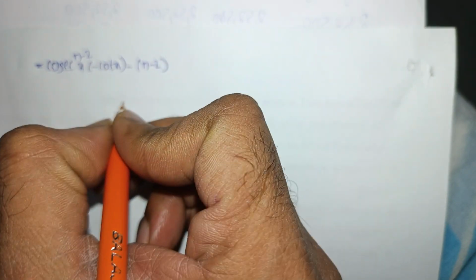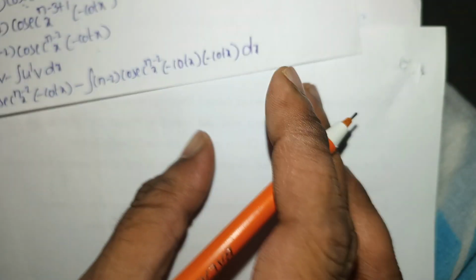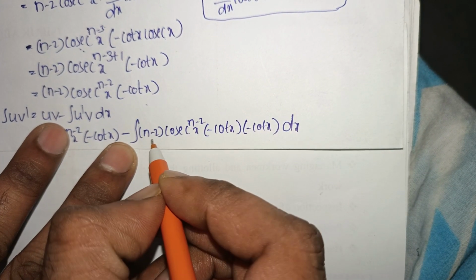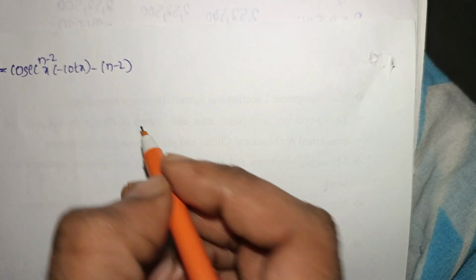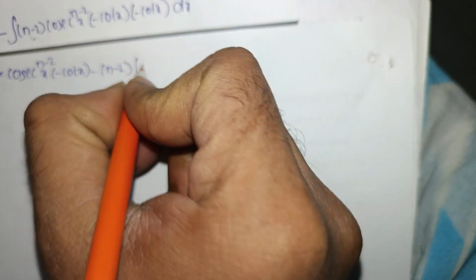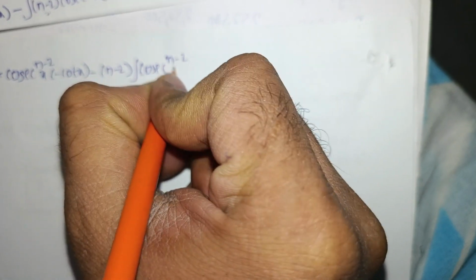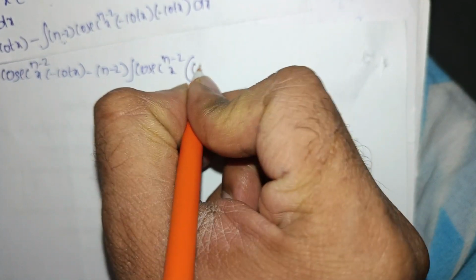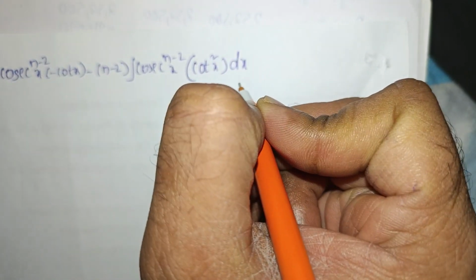I'm just bringing out n minus 2. If you look here, it's inside the integration, but we are bringing it out of the integration. So what we get is n minus 2 integration cosecant n minus 2 x, multiply this, minus cot x into minus cot x is nothing but cot square x dx.